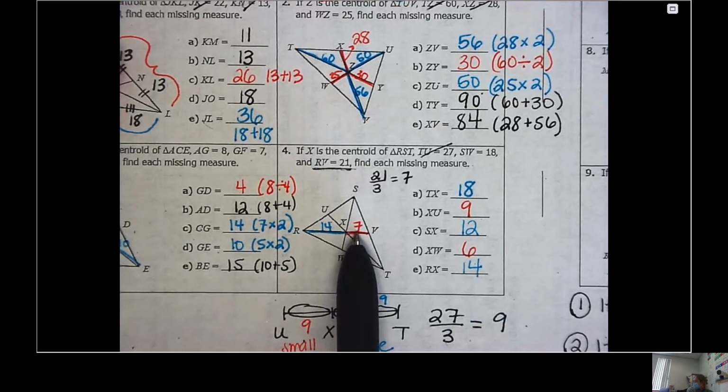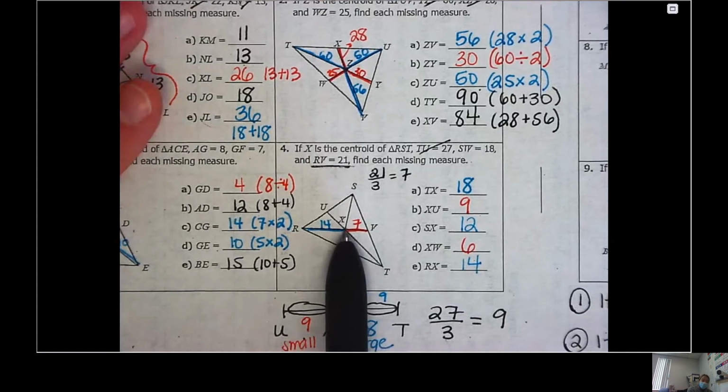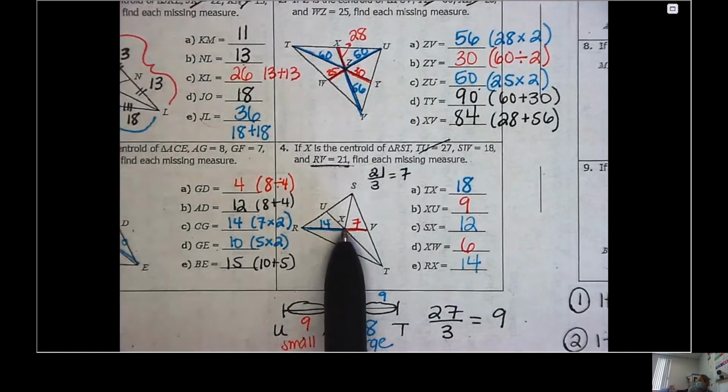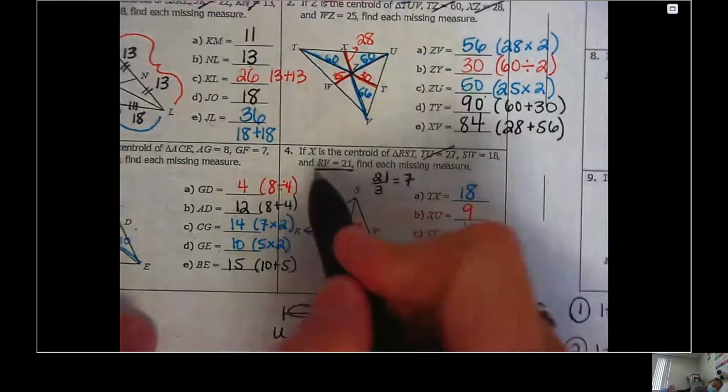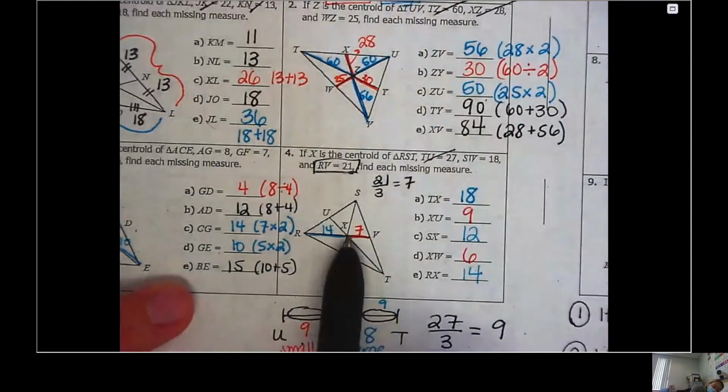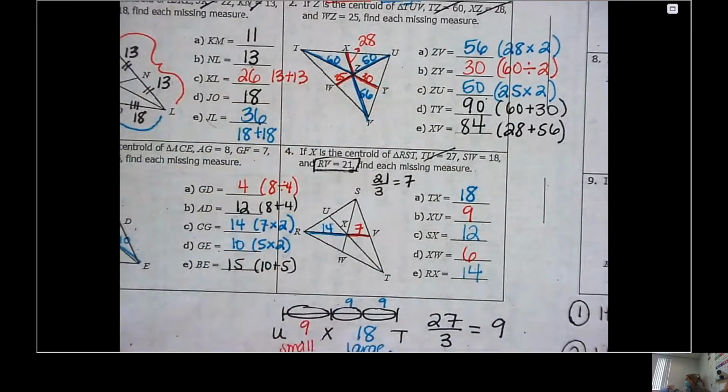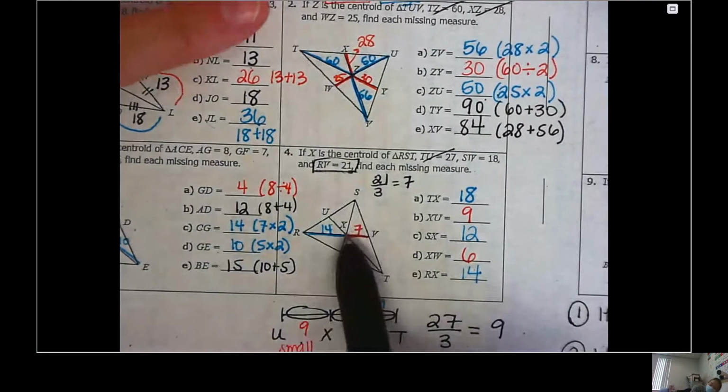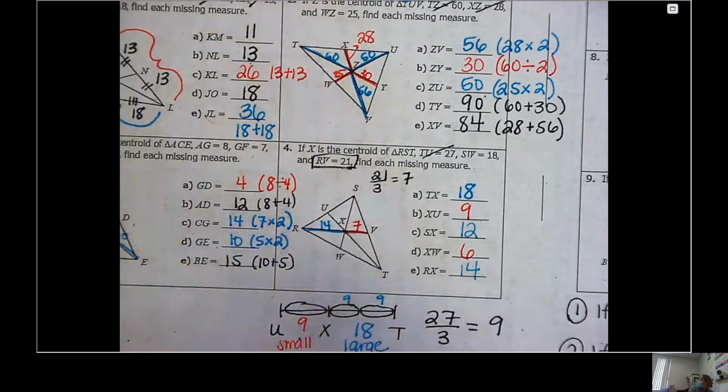If I give you this letter in the middle, that means it's either the big piece or the small piece. If RV does not have that letter X in it, that means it's the whole thing. If I stop at the middle, it's either the big piece or the small piece. If I don't stop at the middle, then it's the whole thing.